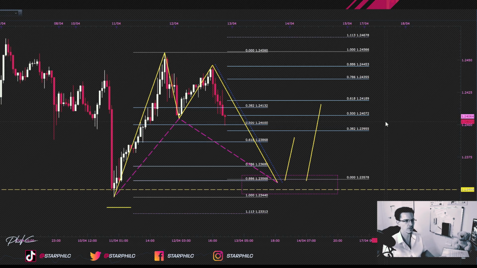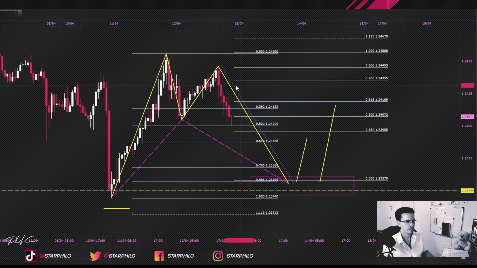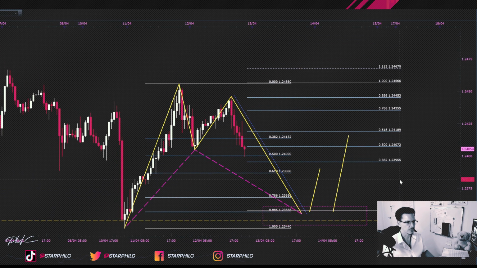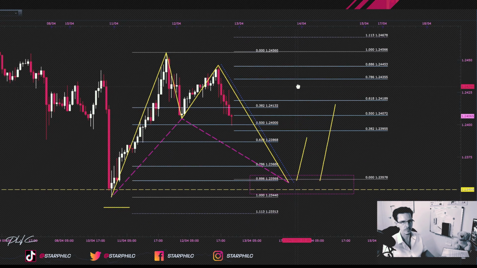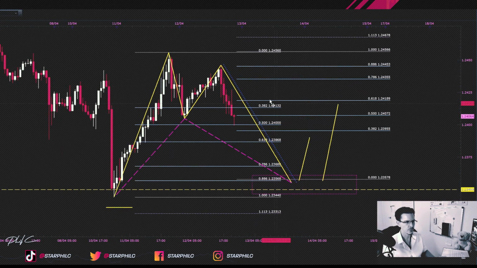Pound dollar 1 hour time frame, bat pattern trade that I'm looking at here, something that we can all pay attention to. If price action presses up towards the highs here, retesting these highs, and it does press past this point right here, then the pattern is no longer valid. So that's the first thing that I'm looking at here.